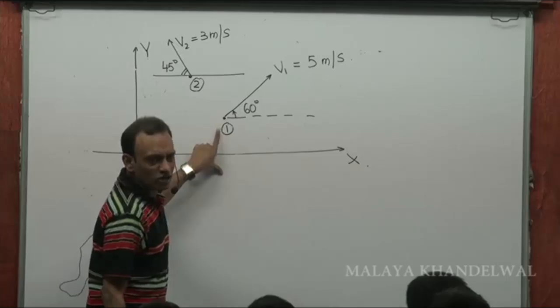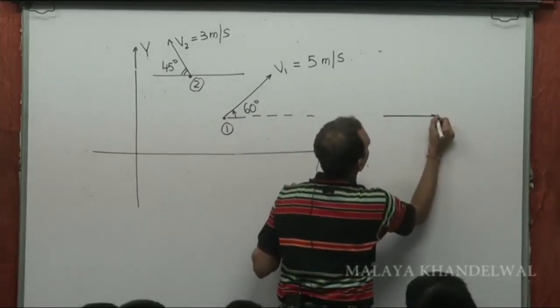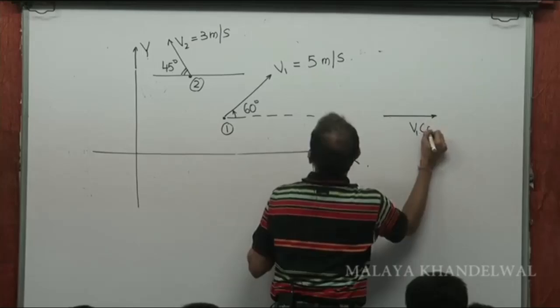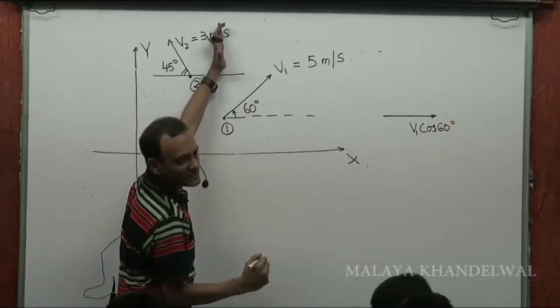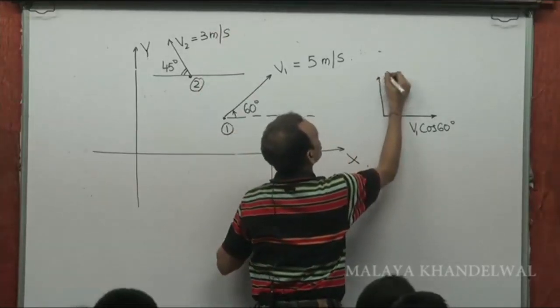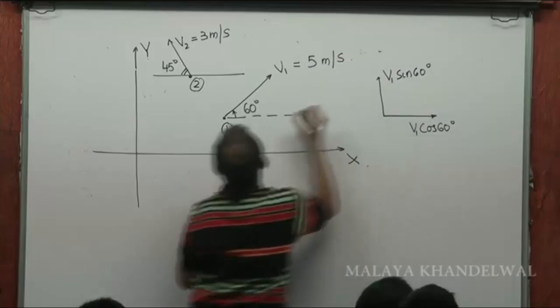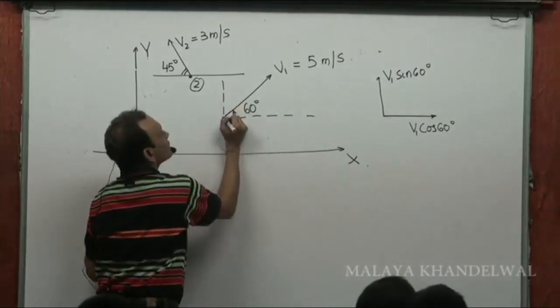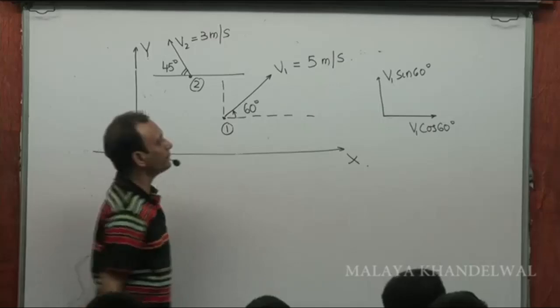So if you look at the velocity of 1, it could be resolved as v1 cos 60 degrees to the right and v1 sin 60 degrees upwards. Yes or no? How about it? That's resolving v1 horizontally and vertically.